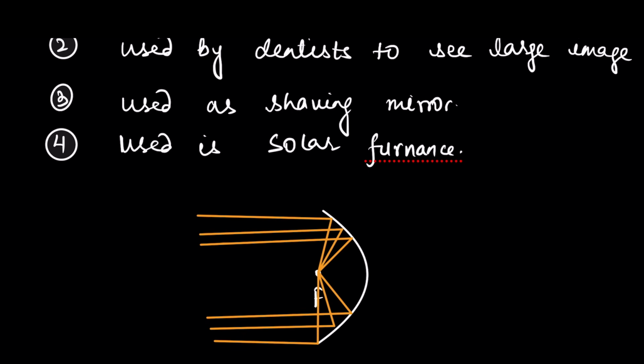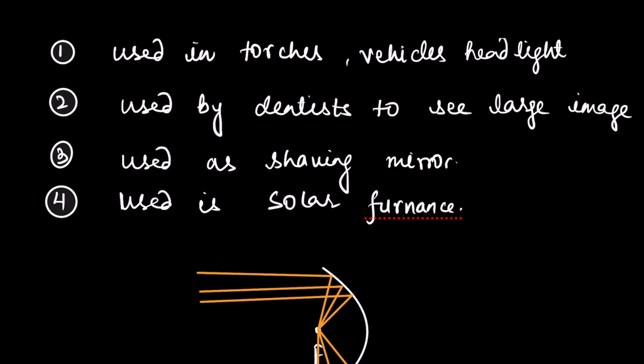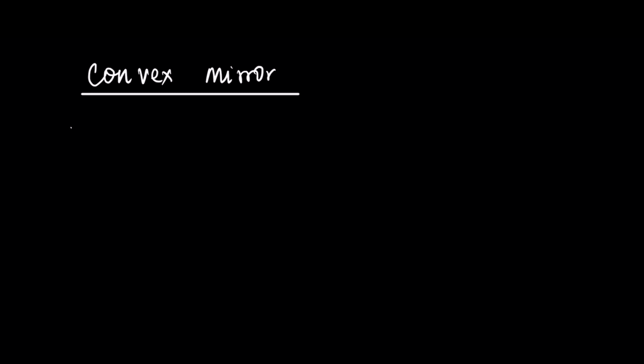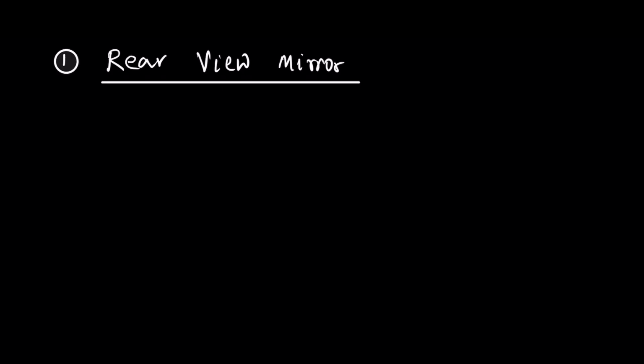Now next is usage of convex mirror. It is commonly used as rear view mirror. Here I want to explain one question.